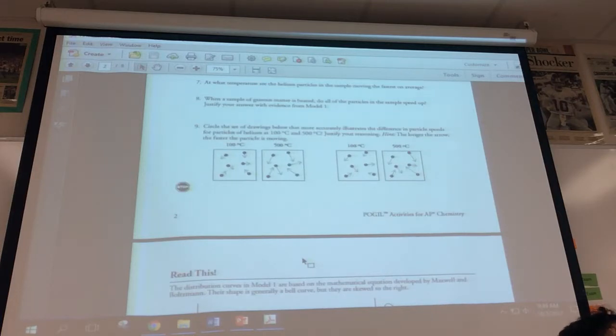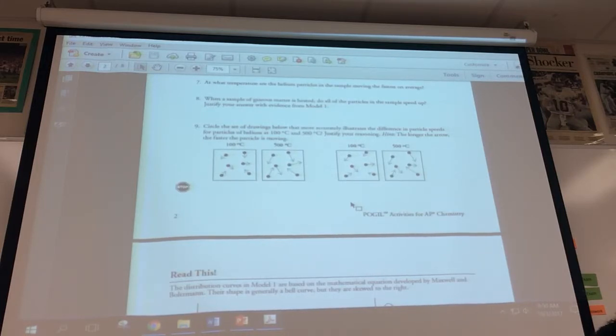Look at number 9. It says, circle the set of drawings below that more accurately illustrates the difference in particle speeds for particles of helium at 100 and 500 degrees Celsius. Be careful. Is it this set or this set? Why? At the lower temperature, the arrows are smaller, saying they go slower.